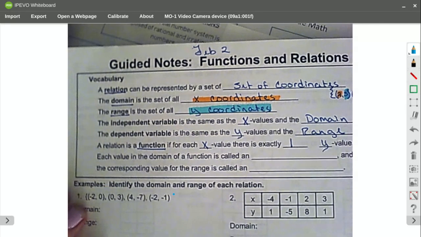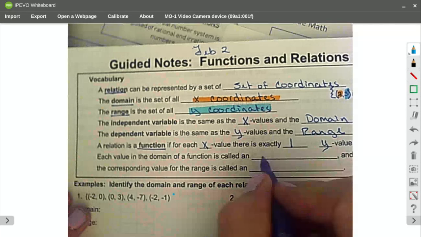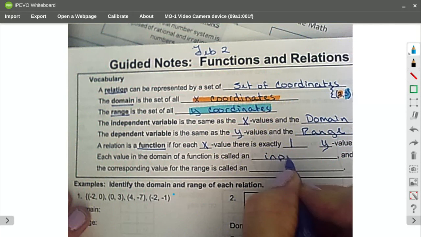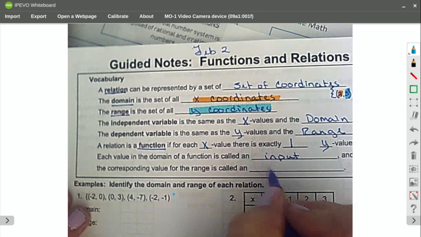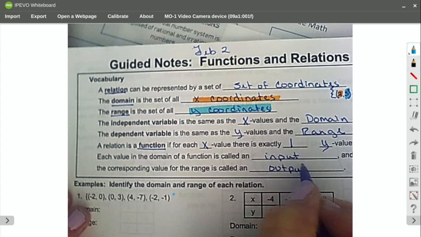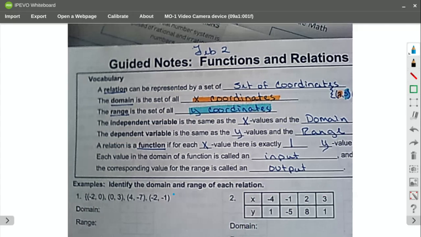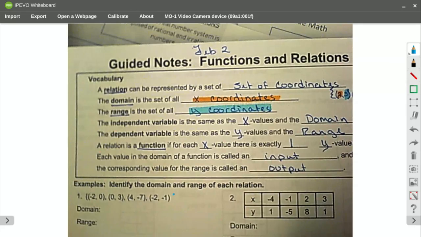Everyone just gets one y value. Each value in the domain of a function is called an input, and a corresponding value of the range is called the output. All right, and you've done that with the tables. Remember, in, pattern, out, right?